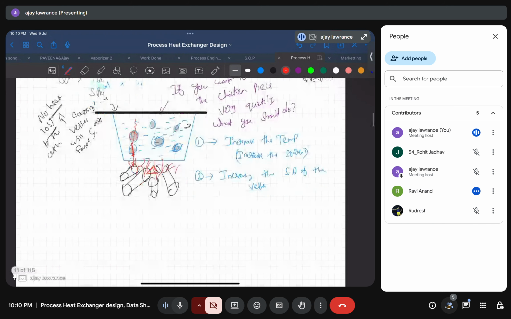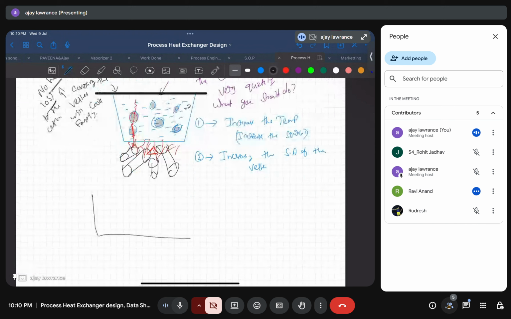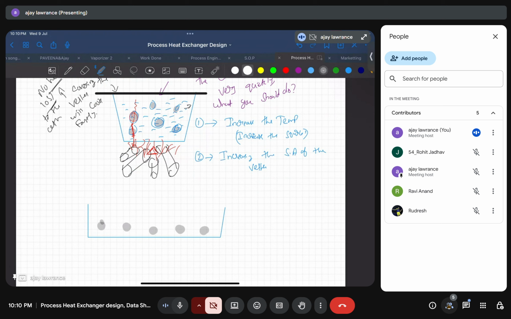But if I had a vessel of this much bigger size, and I have the chicken pieces spread out like this, 1 2 3 4 5 6, it is also 2 liters, and this also has 2 liter capacity.